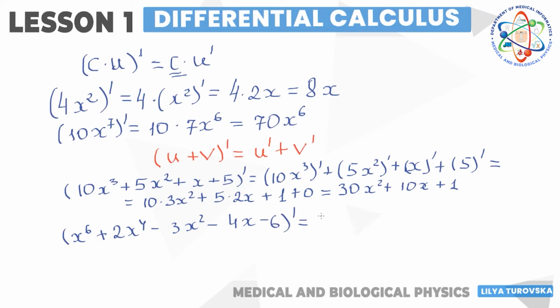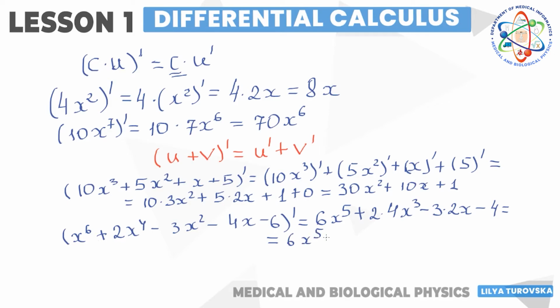Find each derivative separately. The derivative of x to the 6th is 6x to the 5th, plus 2 times the derivative of x to the 4th, which is 4x cubed, minus 3 times 2x, minus 4, the derivative of x is 1, and the derivative of minus 6 is 0. We do not write this. And what do we get?